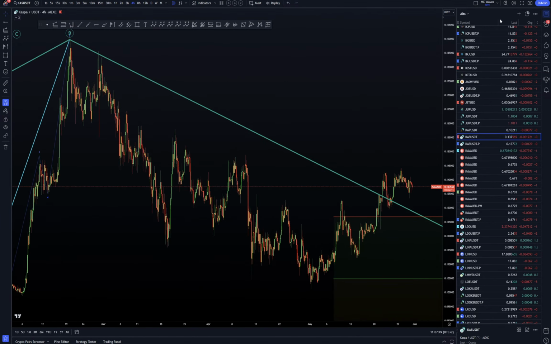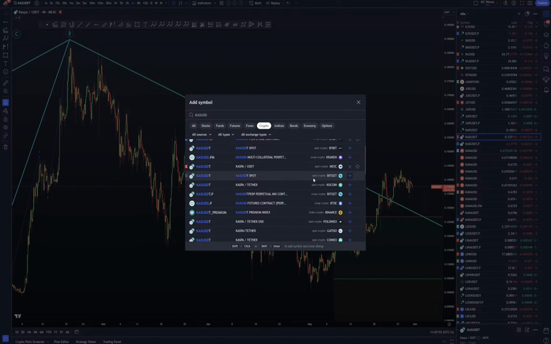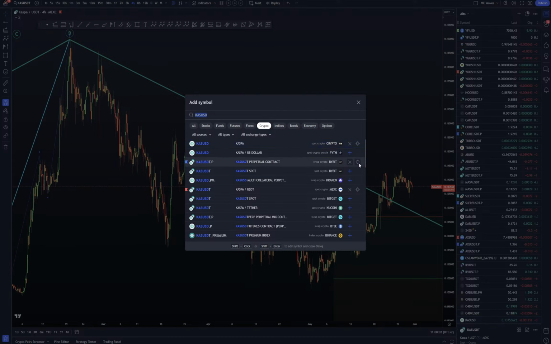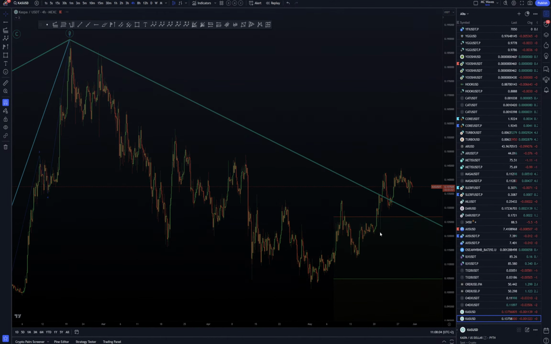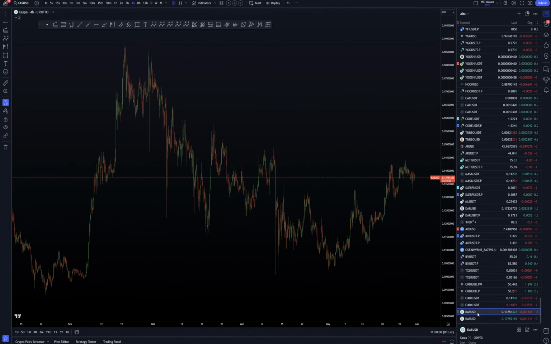Do we have anything a bit better than this? Coinbase, for example, no. This one is a bit better normally. They're all bad, to be honest.